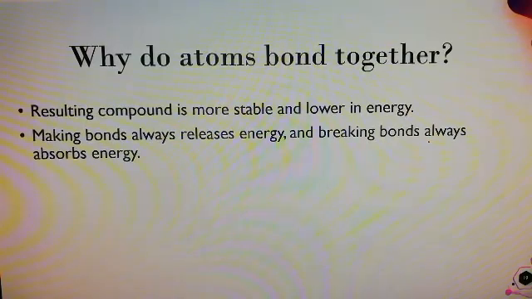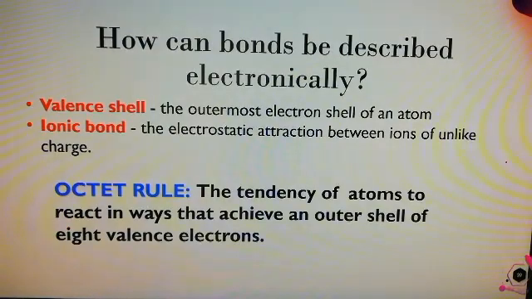And conversely, energy must be put into the chemical system to break a bond. So now that we created a bond, we describe these bonds electronically. But how? Paano natin malalaman kung positive or negative? So first, aalamin muna natin ang electronic properties of atoms.